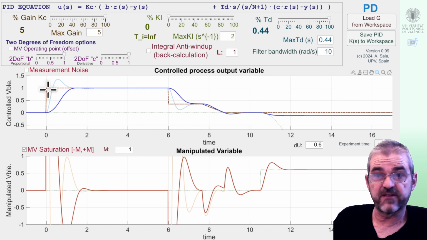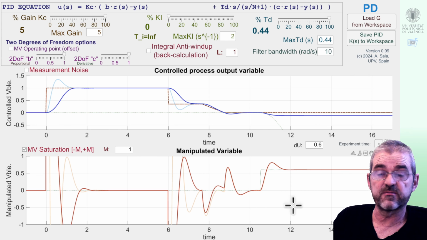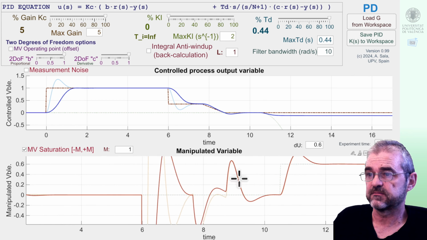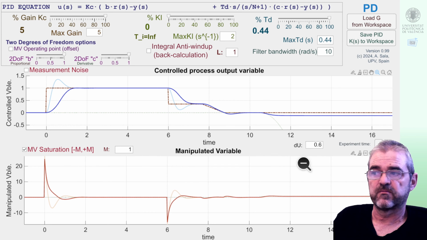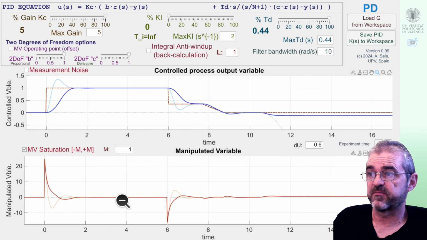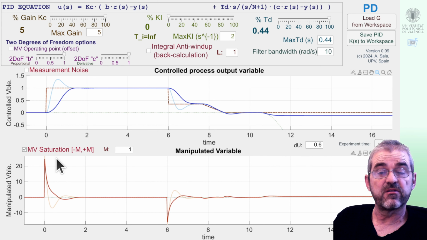And in fact the derivative action at this point, the derivative of the set point, is theoretically infinite. We filter it whatever, but we have the derivative kick. So the maximum amplitude of my control in theory is more than 20, but in reality it cannot be larger than 1. So that's why we see a very different behavior from theory and real time.